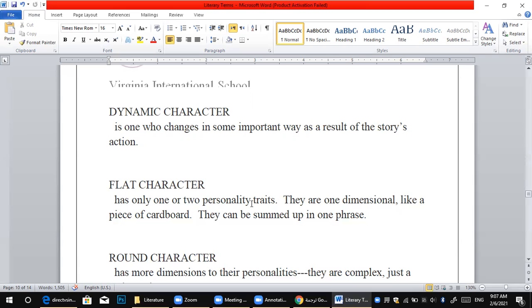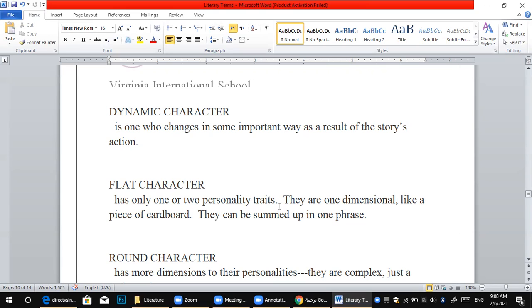So flat characters, that means when you have someone like Macduff. Do you know Macduff? Macduff is loyal to King Duncan. So the flat character has only one or two personality traits.